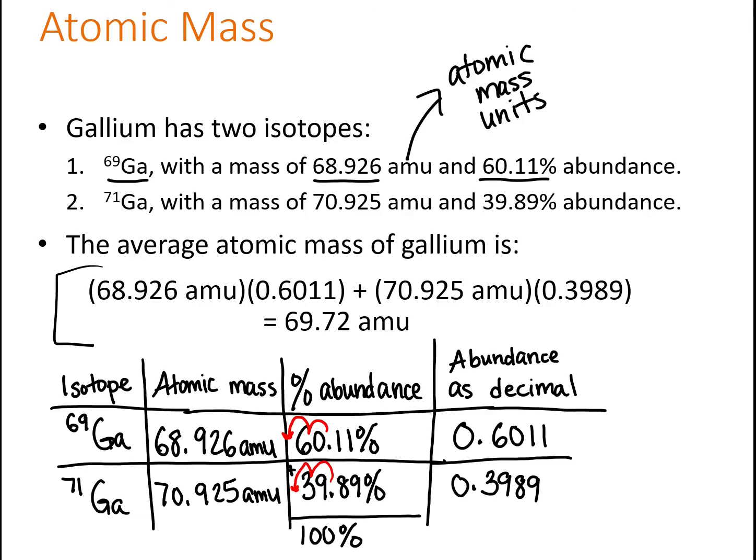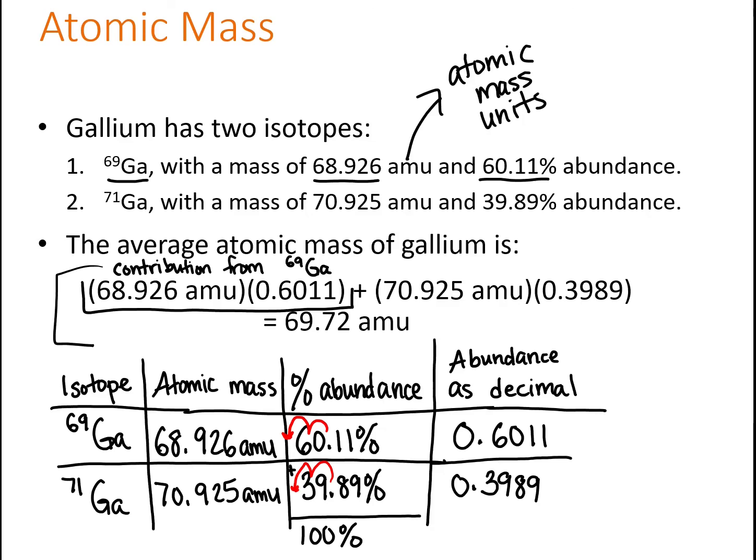Now we have to put together the calculation for the average atomic mass, which again is a weighted average. Takes into account not just what the mass is, but how much of the element is comprised of each isotope. This first part of the equation is the contribution from gallium-69. And all you're doing is taking your atomic mass and multiplying it by your abundance as a decimal.